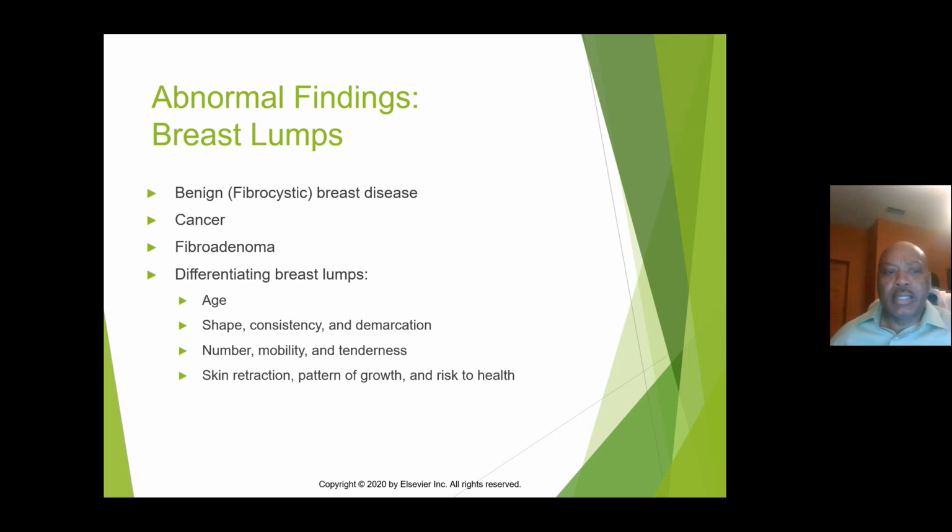Let me use cancer as an example. When it says, for example, likely age for cancer, you're looking at age 30 to 80 years. And of course, the risk increases after 50 years of age. As far as shape, it looks irregular and star shaped. As far as consistency, it would be firm to stony, hard.